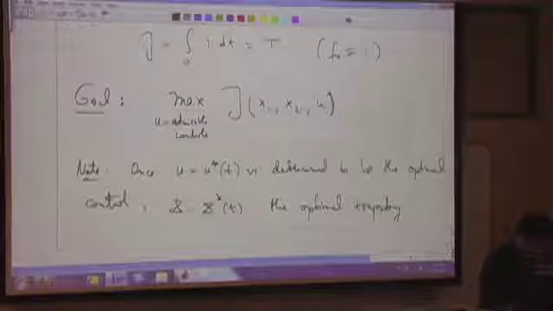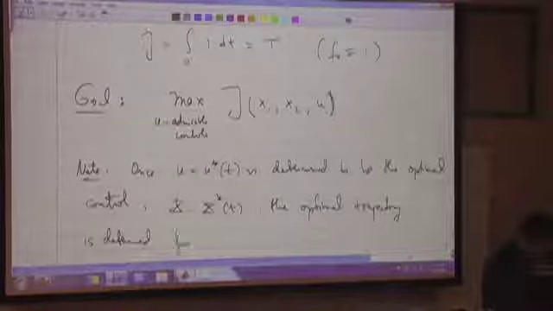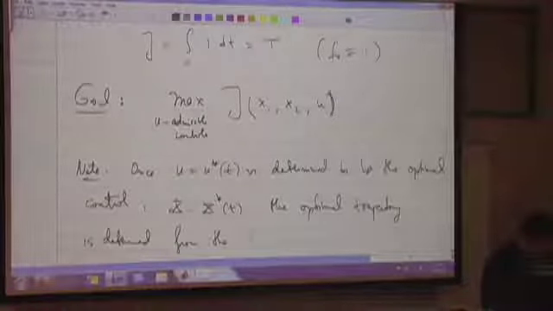The trajectory is determined from the dynamical system.